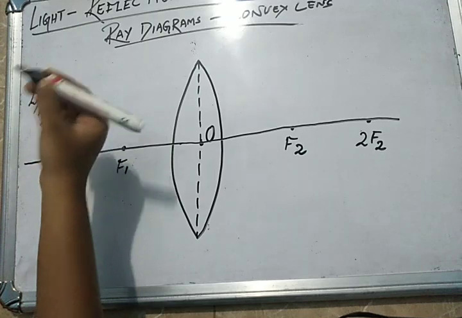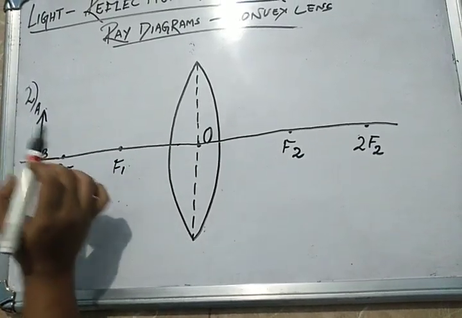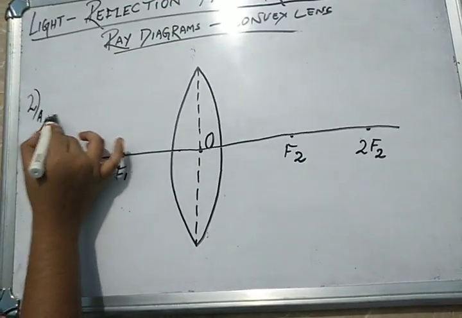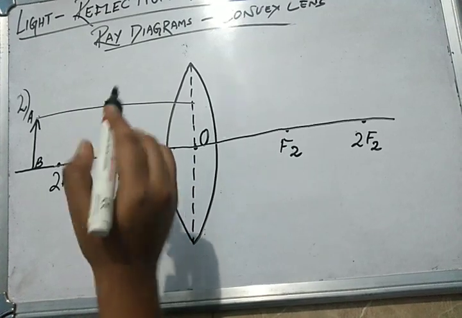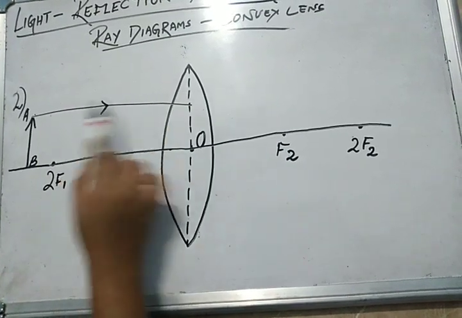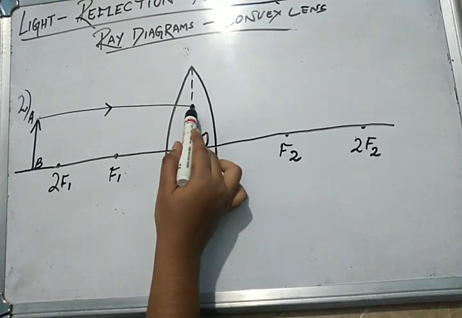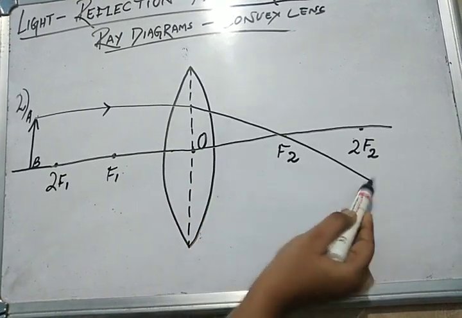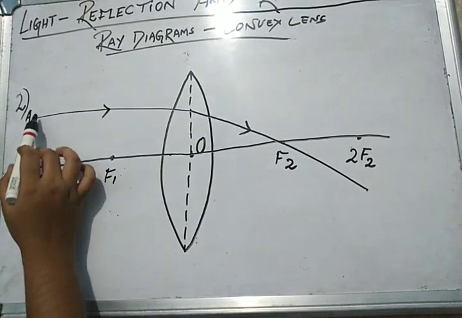A, B. Rays from this object emerge and are incident on this convex lens. One incident ray: after refraction, where will this incident ray go? It will pass through F2. Remember the important path rays that I taught you in the last video.